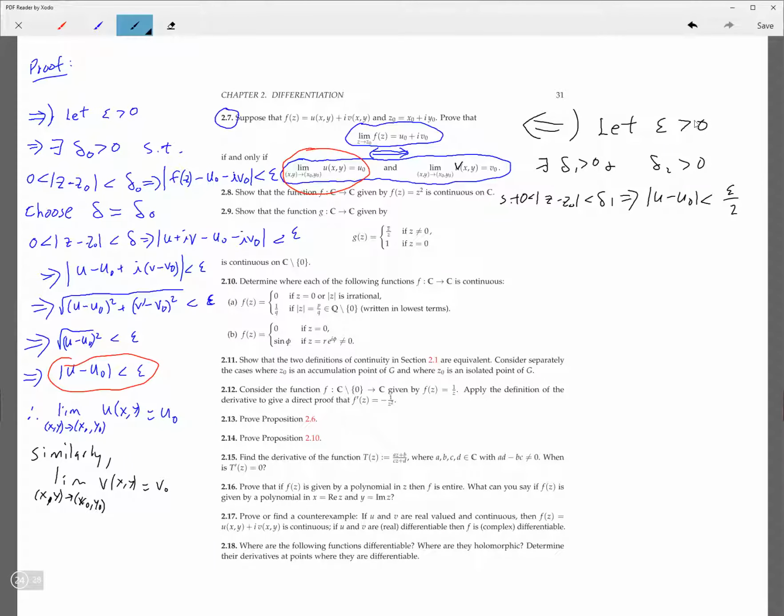Okay, so if epsilon is greater than 0, epsilon over 2 is greater than 0. So this delta 1 gets us less than epsilon over 2. And you'll see the reason why in a few minutes. And for the delta 2, that implies this also less than epsilon over 2.